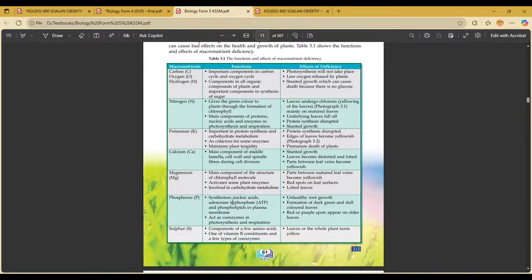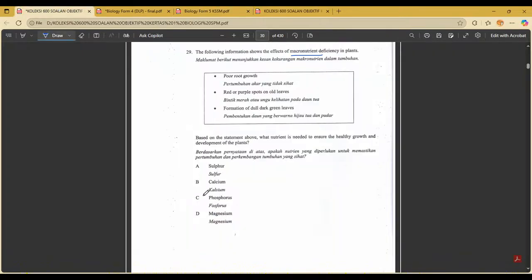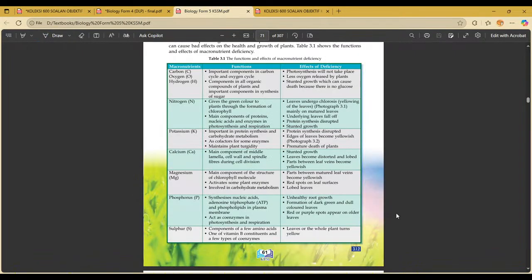Phosphorus: nucleic acids, ATP, and phospholipids in plasma membranes. The effects: unhealthy root growth, formation of dark green and dull colored leaves, red or purple spots on the leaves. I really need to memorize this.